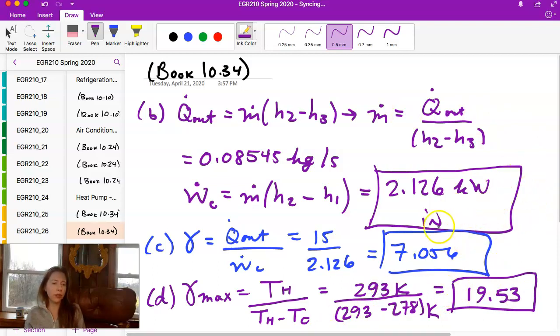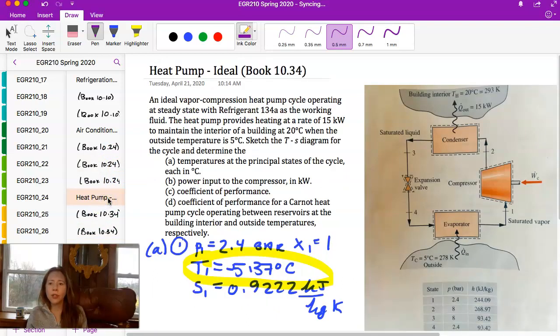So yeah, it looks good. Our gamma is less than gamma max. If we look at what's going on for real with our cycle, here our TC for Carnot would be 5 degrees Celsius, so the evaporator temperature, that's the outside. All right, so what is our lowest temperature that we're dealing with in our problem? Well, our lowest temperature is lower. We have minus 5.37 degrees Celsius.